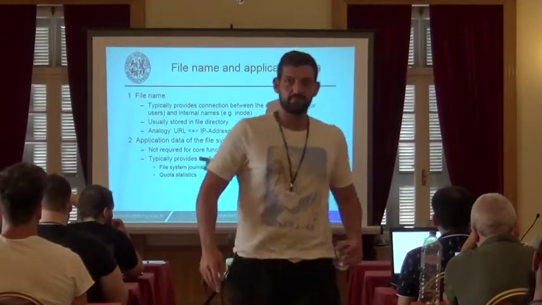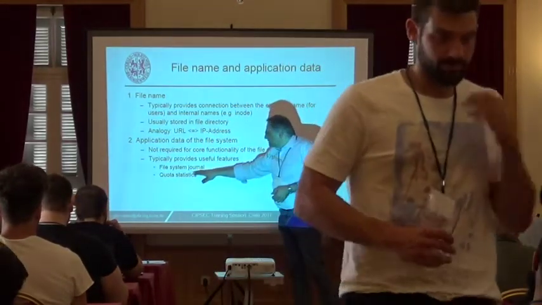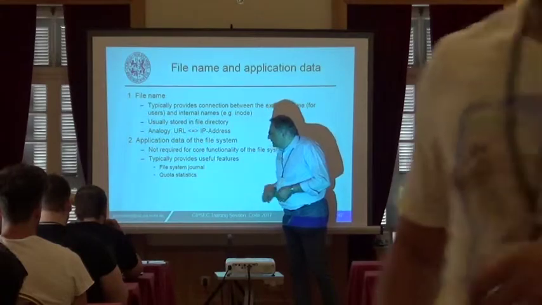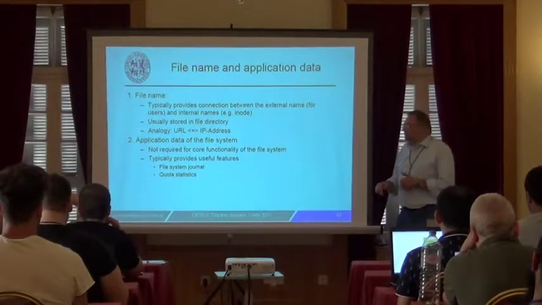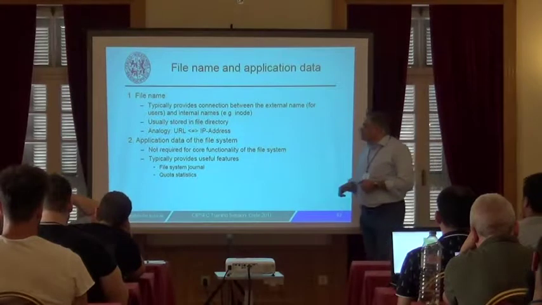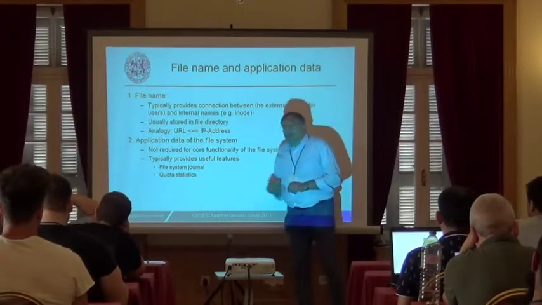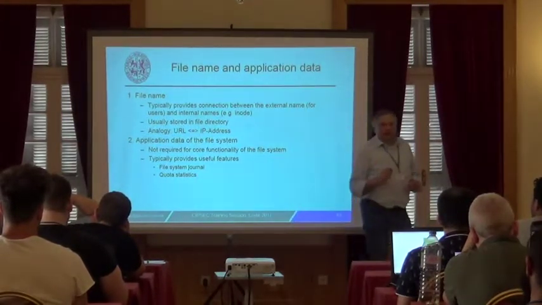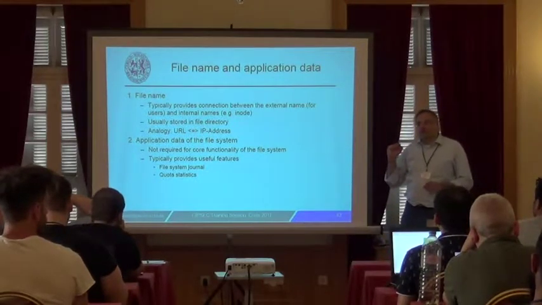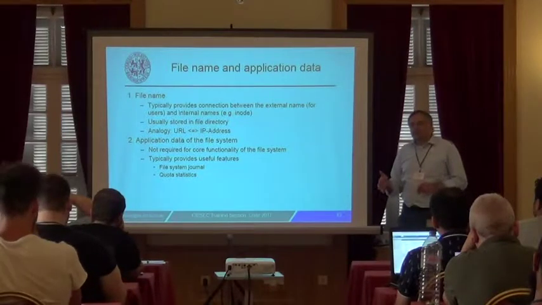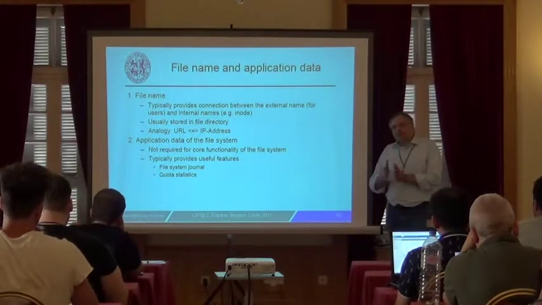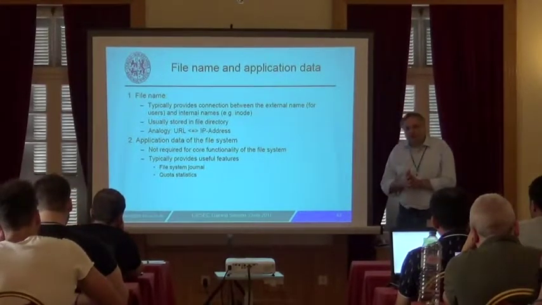But we can get additional information from the file system journal, and if POSIX is supported, from the POSIX statistics. The journal is quite interesting because in journal file systems, if you pull the plug as the file system is being accessed, you don't lose everything because all the pending operations are stored in a journal.